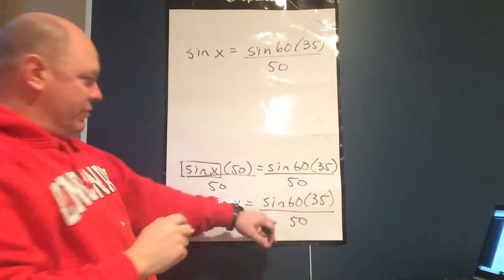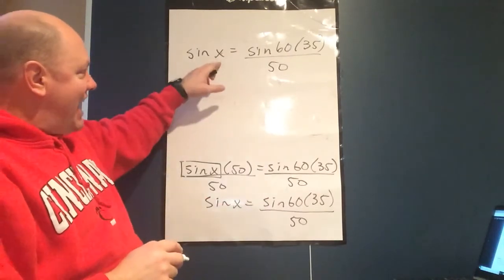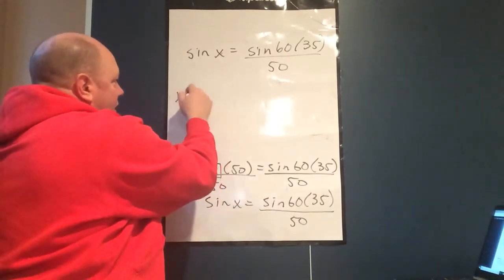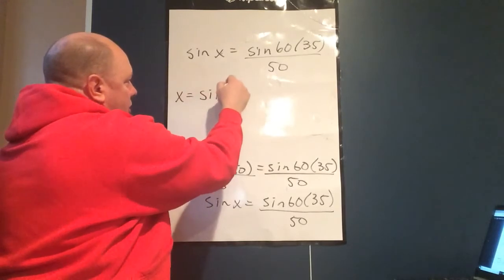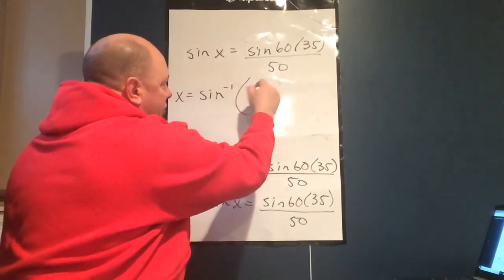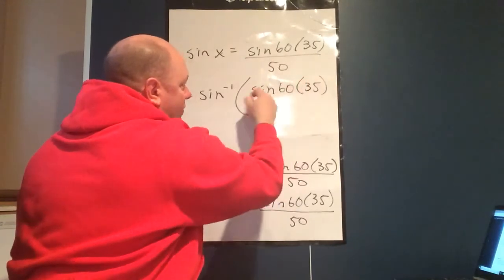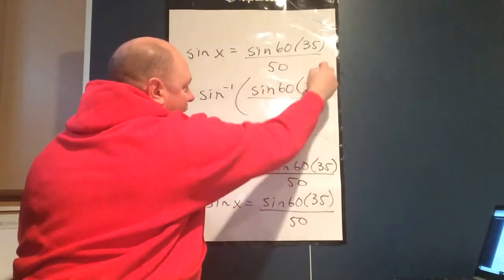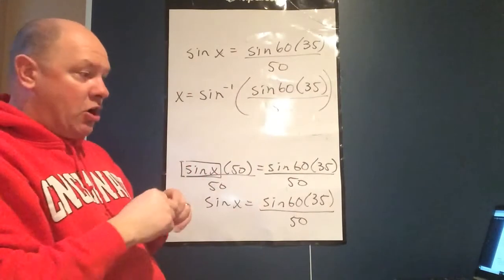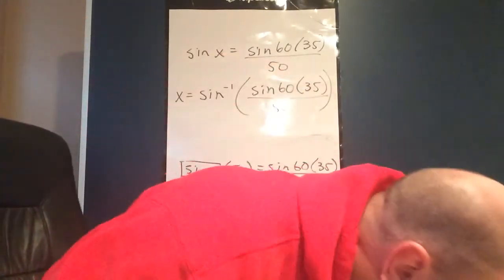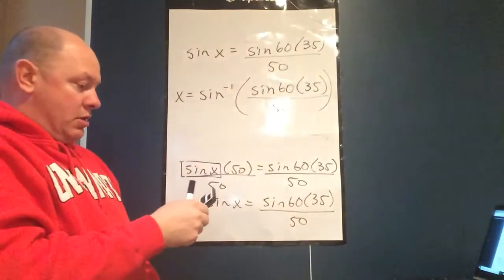Okay, that's what we have from down below here. To get X, what I have to do here is do the inverse function of this whole thing. Sine 60 times 35 all over 50 as our value. Now you can input that all the way through. I got a calculator right here.